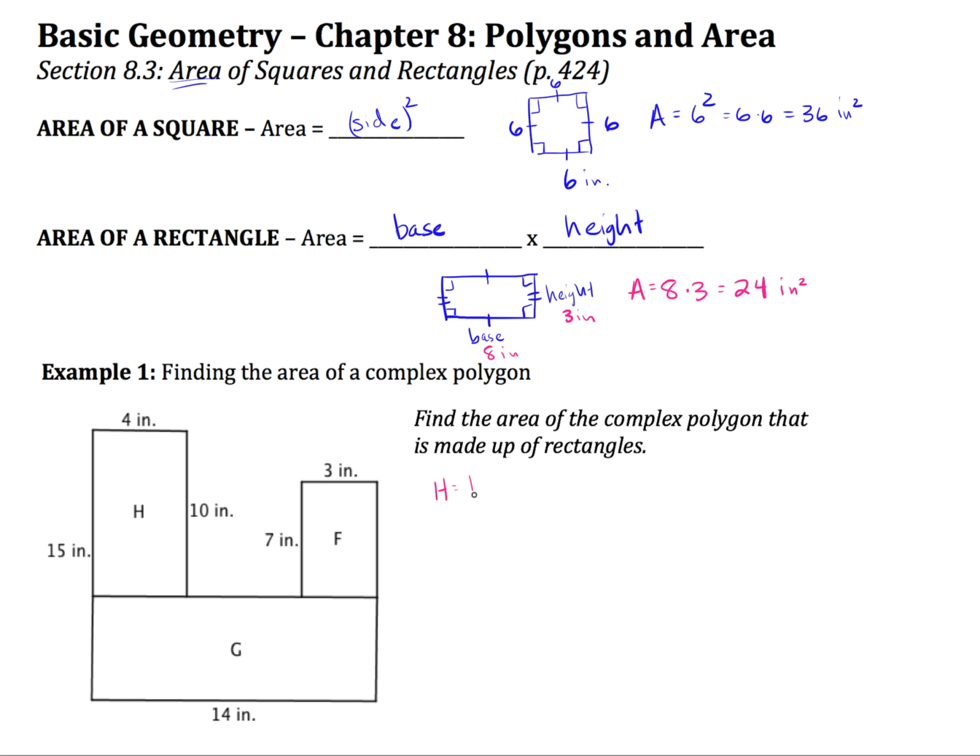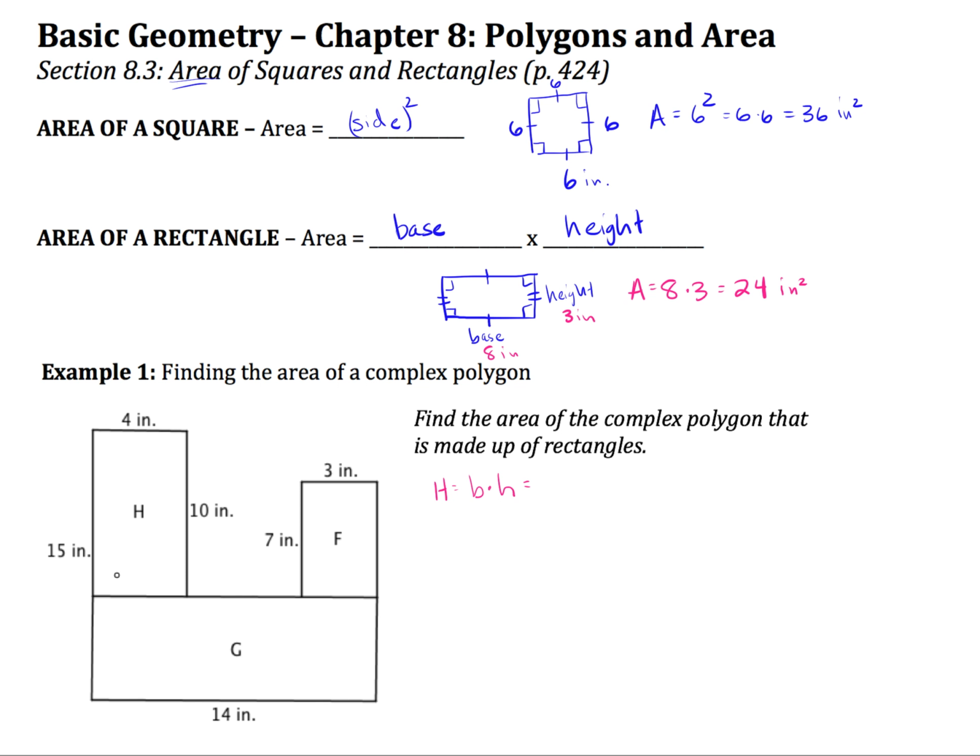Now it's a rectangle, so we need to know the base and the height of this rectangle in order to find its area. Base doesn't always have to be along the bottom. I know I wrote it along the bottom here, and when we hear the word base, we might think of something that's at the bottom of something. But in this case, the base could be this measurement up here at the top, because as we know, if this is a rectangle, the opposite sides will be congruent.